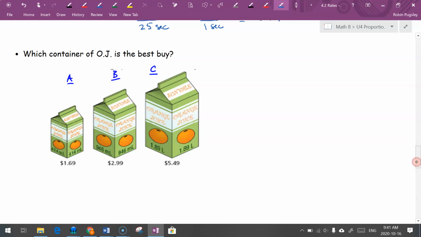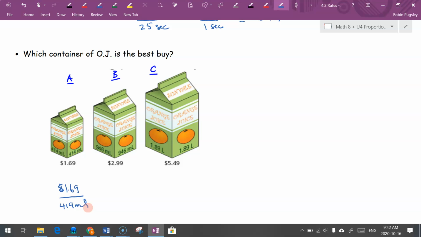We can compare prices, like I said earlier, by finding the unit rate. Now, if I was to find the unit rate for the first one and say, okay, well, $1.69 per 414 milliliters, if I divide 1.69 by 414, I get a really, really small number, which is like 1,000th of a cent, right?